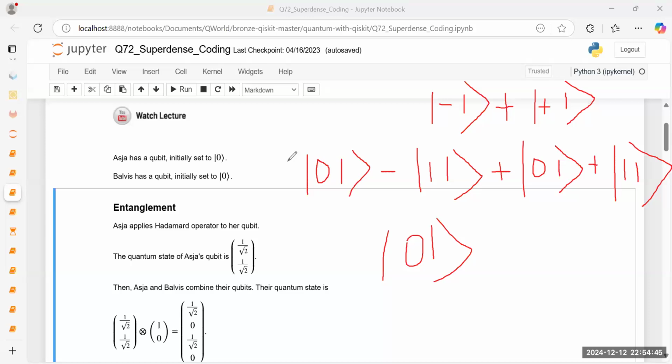So actually at this point, we're supposed to have 1 over 2 as the amplitude for all these states. And at the end, we end up with 0, 1, which is what Balvis will measure.